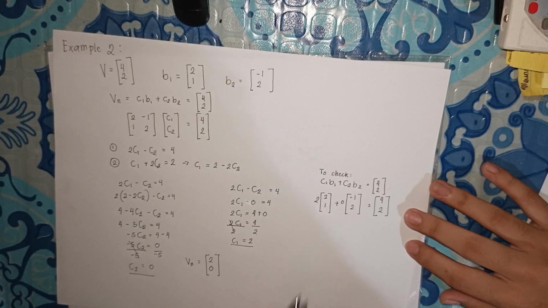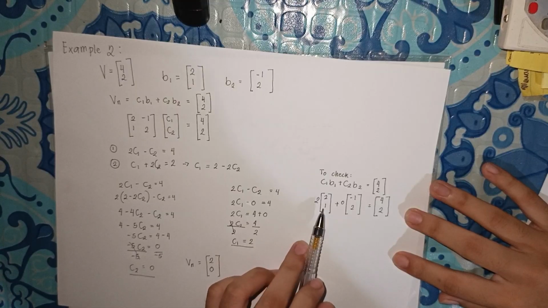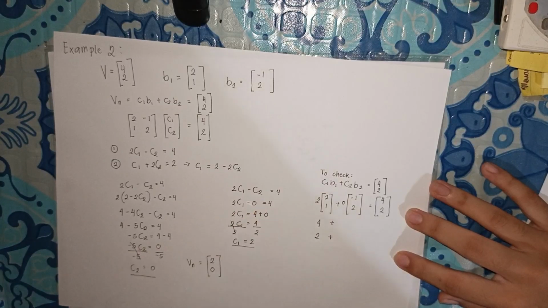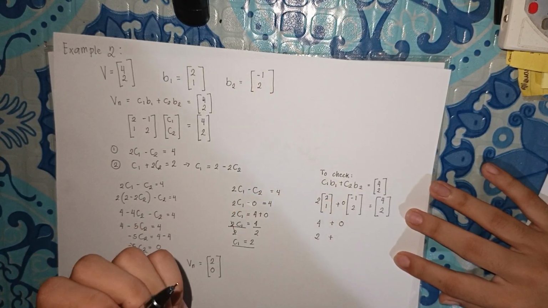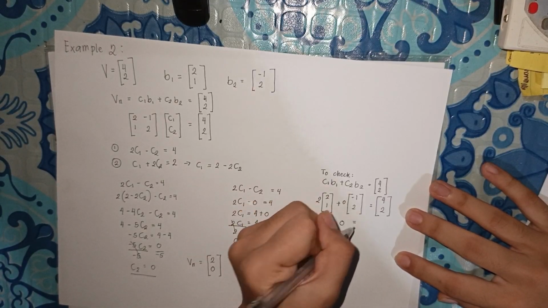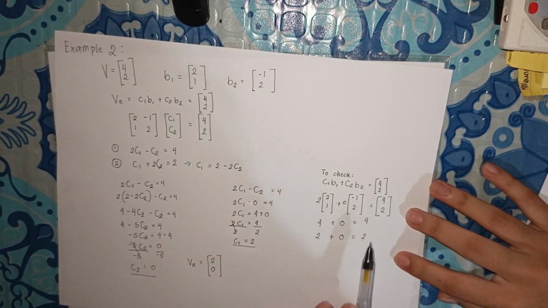So 2 times 2 is 4, and 2 times 1 is 2. Then plus 0 times negative 1, which is 0, and 0 times 2 is also 0. Is equal to 4 and 2.